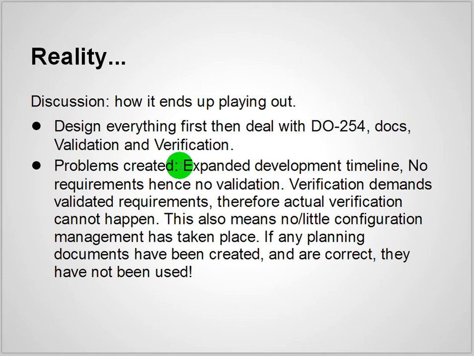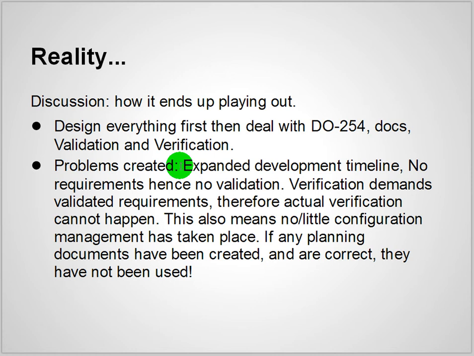So you have a whole history of documentation, of configuration management, of reviews and validation of requirements, if they exist, that has not been done. It hasn't taken place. It has not been kept up to date. Nothing of that sort exists.